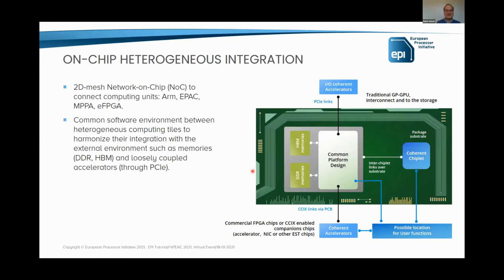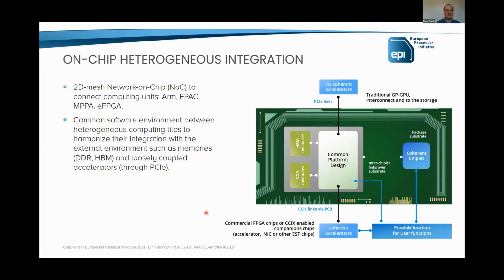Let's have an example with on-chip heterogeneous integration. The way to integrate accelerators could be to integrate an IP. So an accelerator could be an IP, and we can integrate it internally to the chip, to the common platform design. For that, within our generic processing chip, we have developed the 2D mesh network on chip, to which we can connect our computing units.